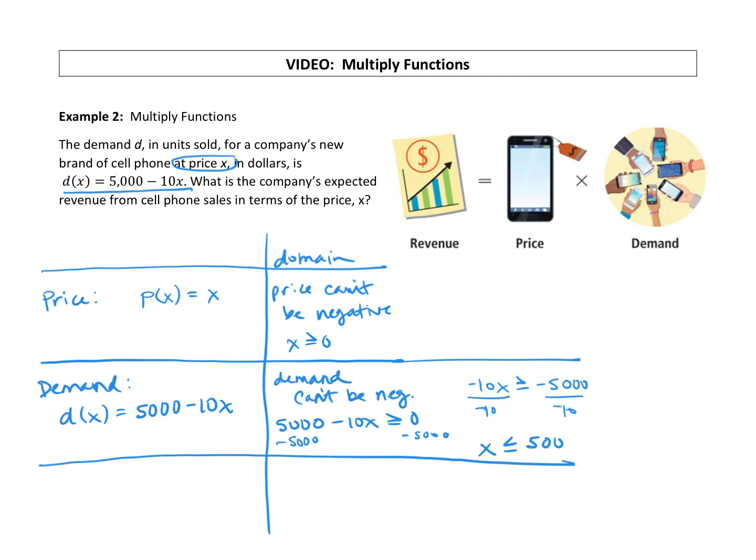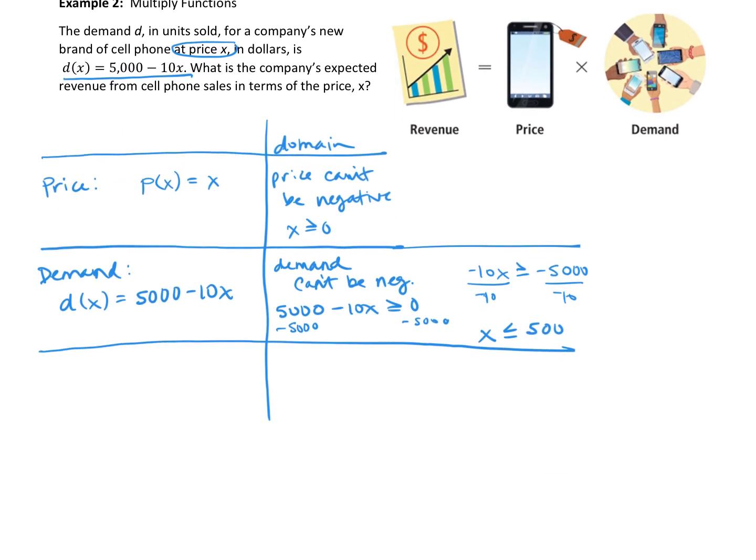All right, now we can talk about the revenue. So let's define our revenue function. The revenue is defined as R of X equals price times demand. So let's go ahead and multiply that out. Our price function is X times our demand function, 5,000 minus 10x.